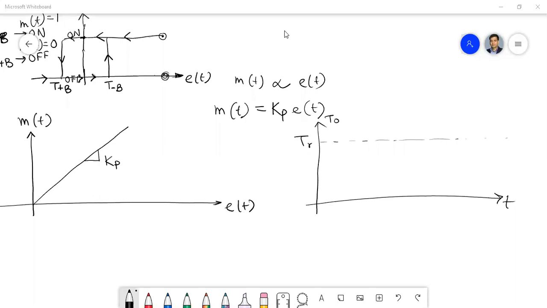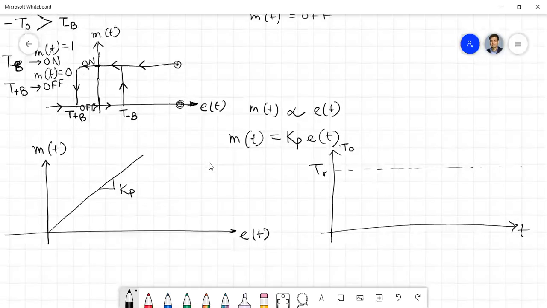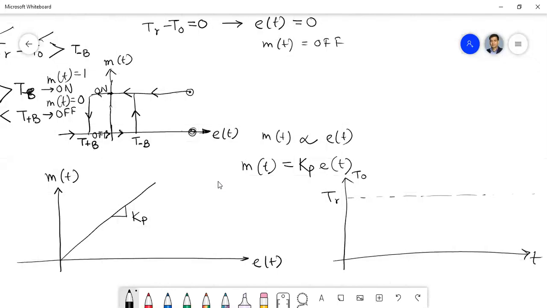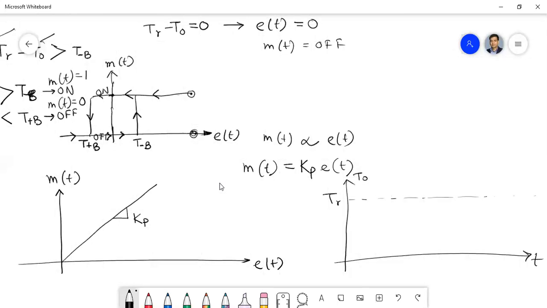I have asked the question that if I use this type of proportional controller, then what will be the response curve, the temperature output response curve with respect to time? Because the proportional controller you have already studied in your control system classes, isn't it? Yes, sir, I think it'll rise first and it'll attain a constant value.